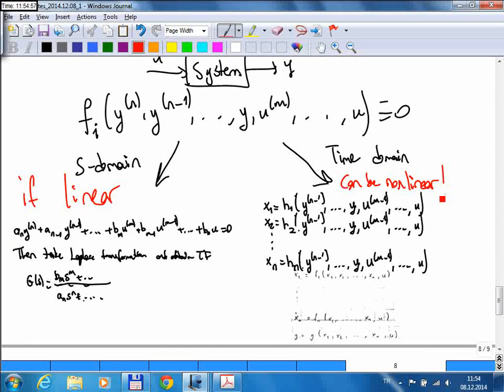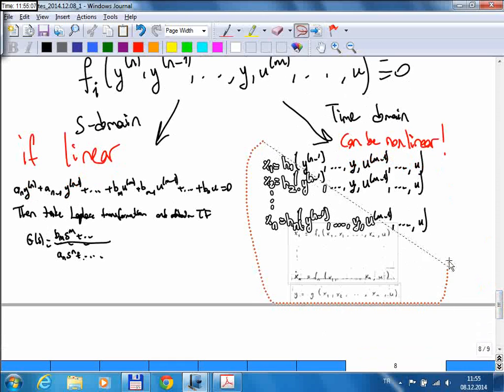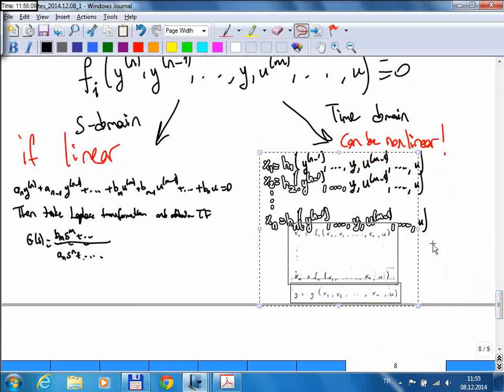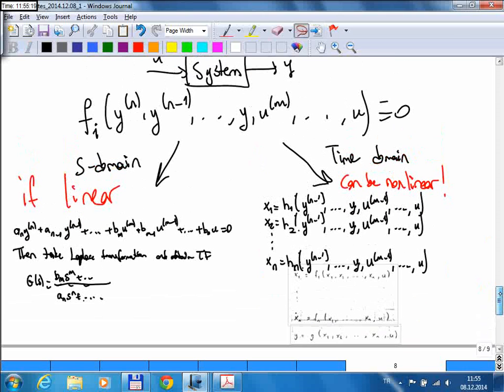Your system can be nonlinear. If you are doing numerical simulation, solving the system equations numerically, then this way will make it easier. And also there are some analytical tools that can be used without computers that are applicable to state space models. So that's why we're talking about the state space representation.